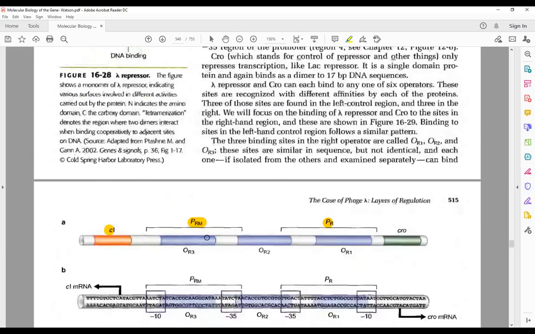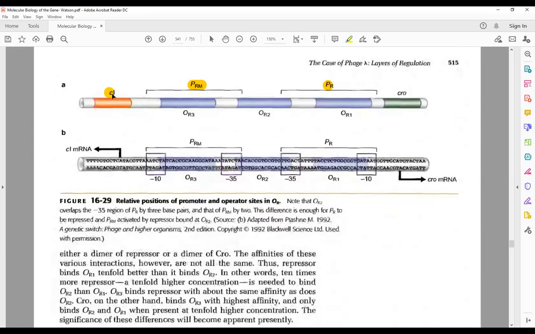If you look at all these diagrams, the CI gene has 2 different promoters, 3 different operators, and 2 different promoters present on its right-hand side. On the right-hand side, the first one is the promoter for repressor maintenance. Another one is the promoter for repressor formation.